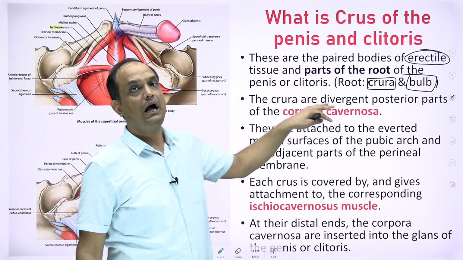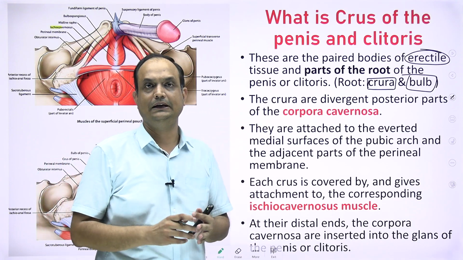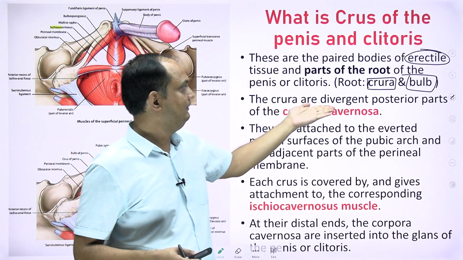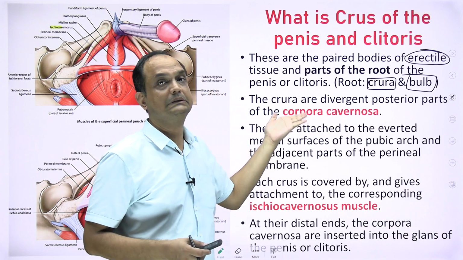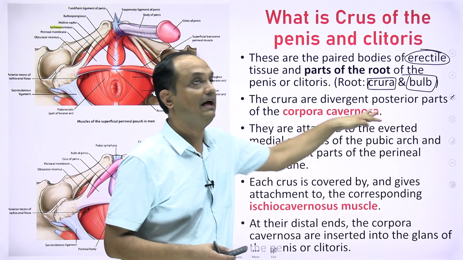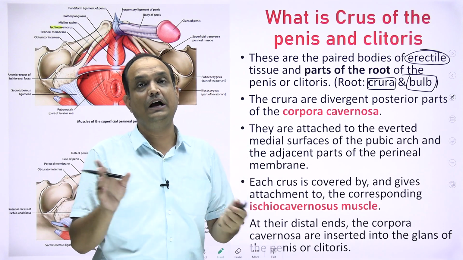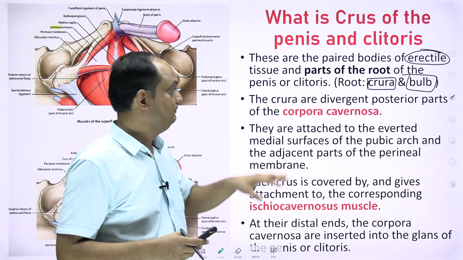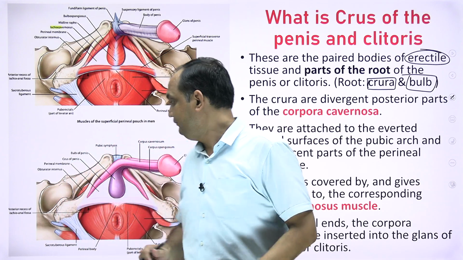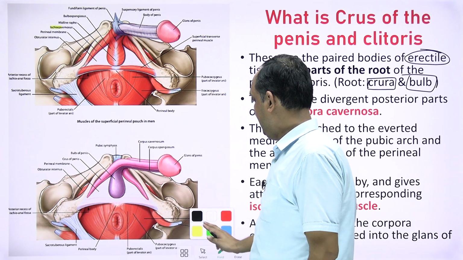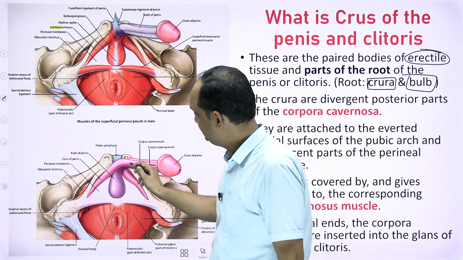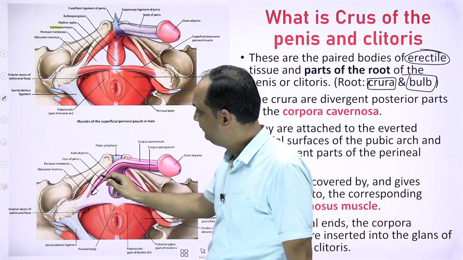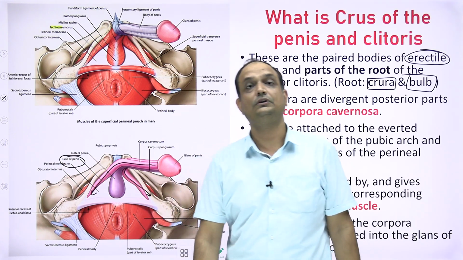The crura is plural, and when using the singular we use the word crus. The crura are the divergent posterior parts of the corpora cavernosa. The first thing to understand is that in the penis you have a paired structure known as corpora cavernosa, and as the corpora cavernosa go from the body to the posterior side, they diverge into two forms, and these are known as the crus of the penis.